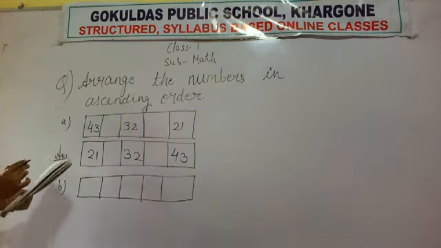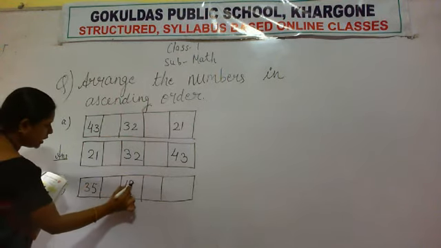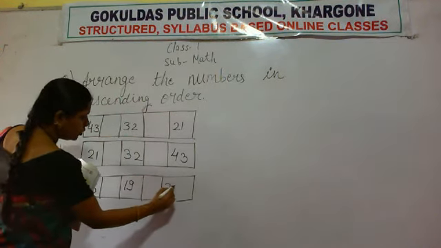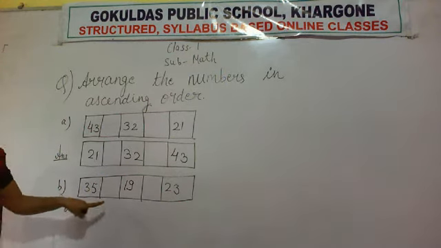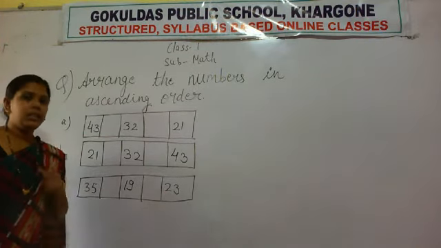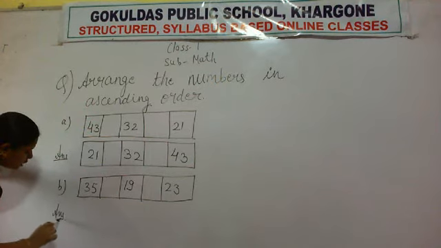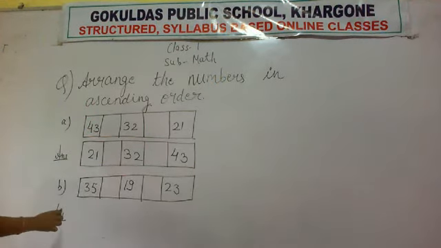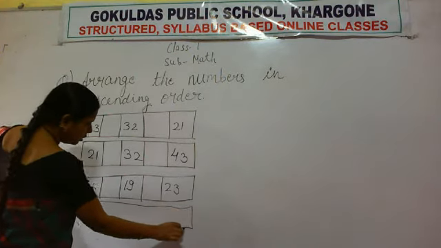The 3 numbers are 35, 19 and 23. What are the 3 numbers given? 35, 19 and 23. So again what we have to do? We have to arrange these numbers in ascending order. That means from smaller number to the bigger number.